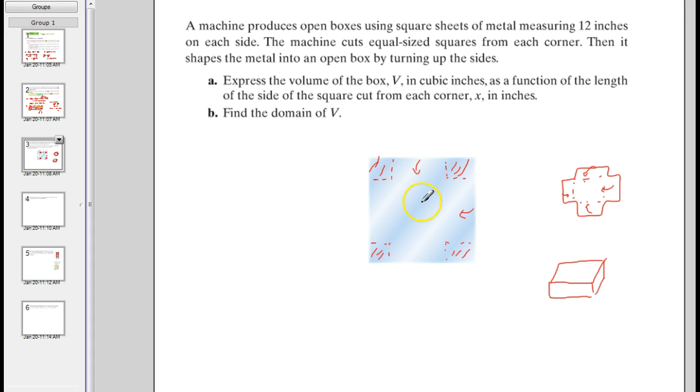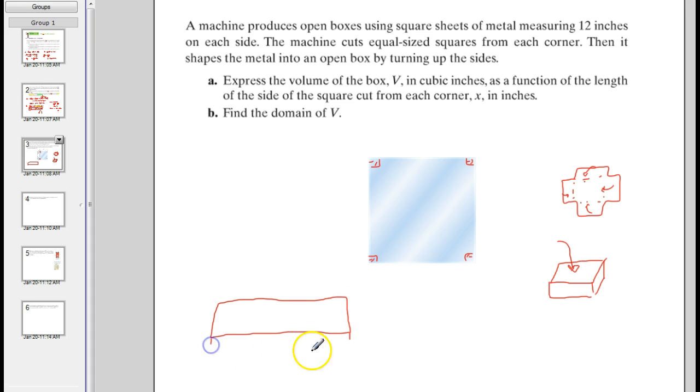All right, and what we want to do is come up with the volume of the box. How much stuff can I put into this box? And it's going to be a function of how much I cut off. How big of a chunk did I cut off of this thing? So if you think about it, if I cut off a teeny tiny corner like this out of each section, I'll have a box that has a really huge base, but it's just not very tall.